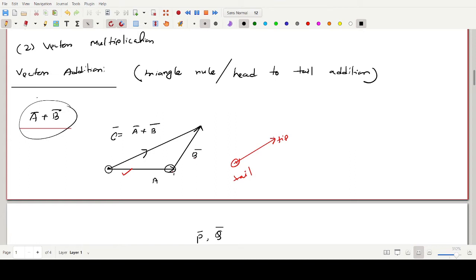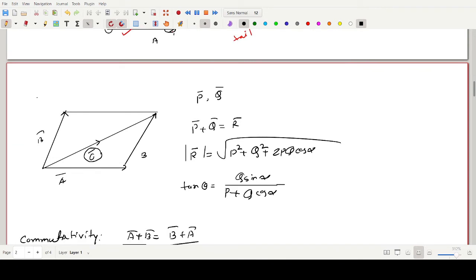There is an equivalent construction which is well known to you, that is vector addition using the parallelogram. As I have told, if we slide a vector without changing its length and direction, the vector remains the same.